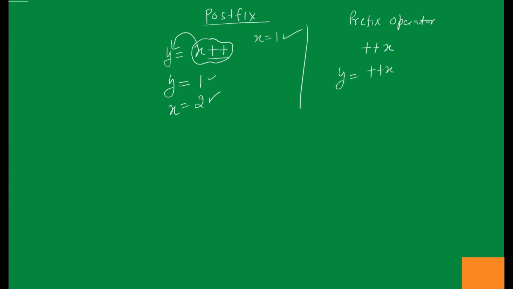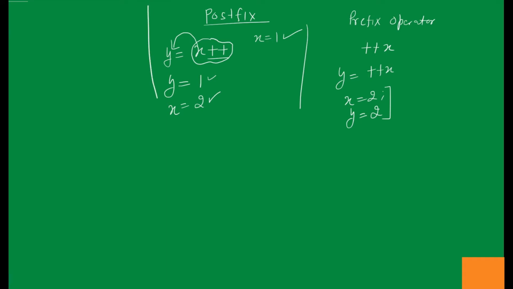In this case the value of x will be incremented first and then assigned. The initial value of x is 1, so we increment it first. After the increment, x becomes 2, and after that we assign it to y, so y becomes 2. Right? So this is the simple meaning of the postfix and prefix operators.